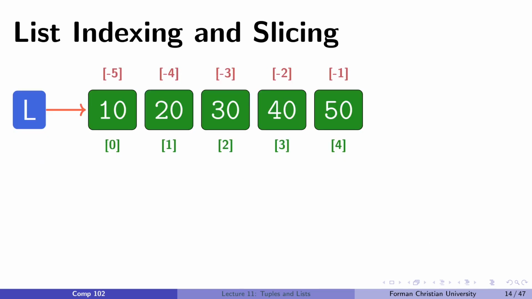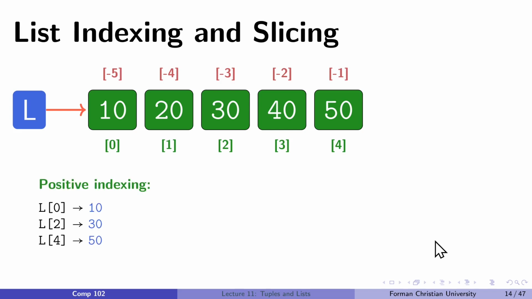And here's a visual. L equals square brackets 10, 20, 30, 40, 50. That's going to create a new list. And positive indices go 0 through 4. Negative indices go -1 through -5 in the opposite direction, just like the strings. Now, positive indices work exactly like strings.